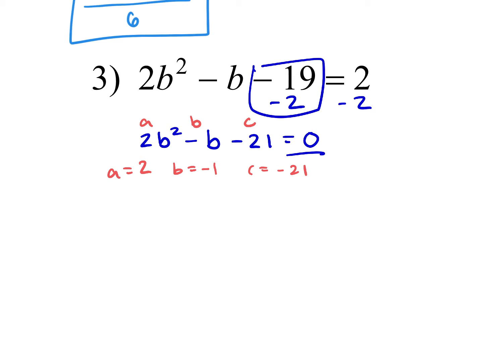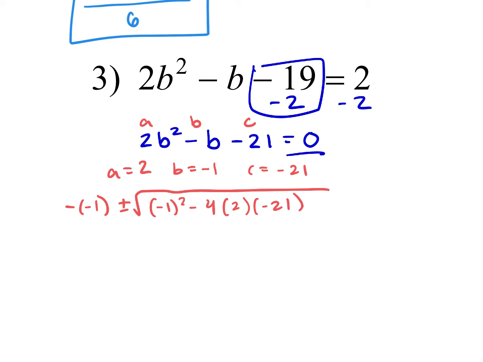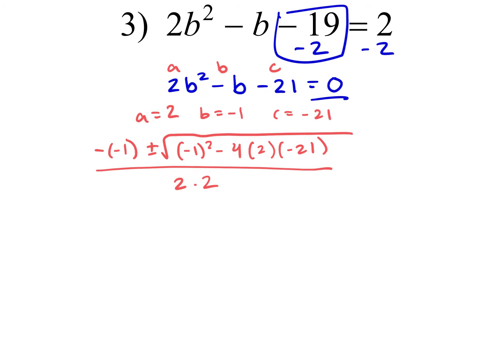And then I plug it in. So negative b, so it'd be negative 1, plus or minus the square root of b squared minus 4ac, over 2 times a. Now we simplify, just going from left to right. What's negative negative 1? 1 plus or minus.